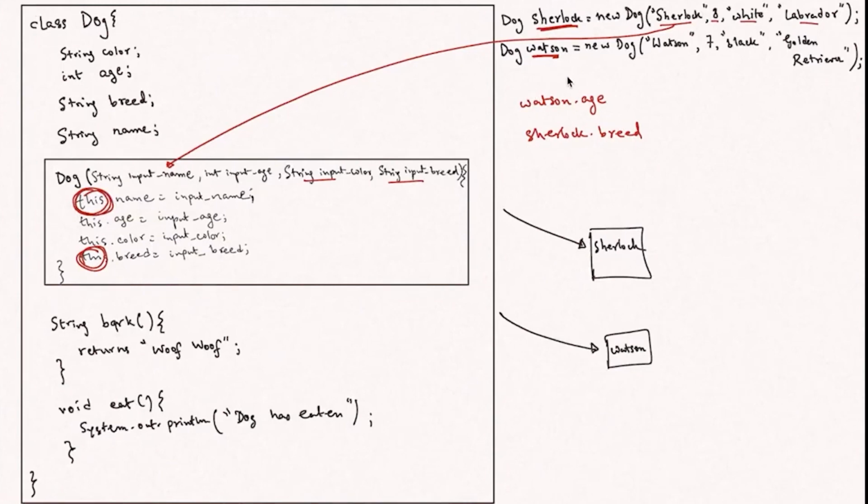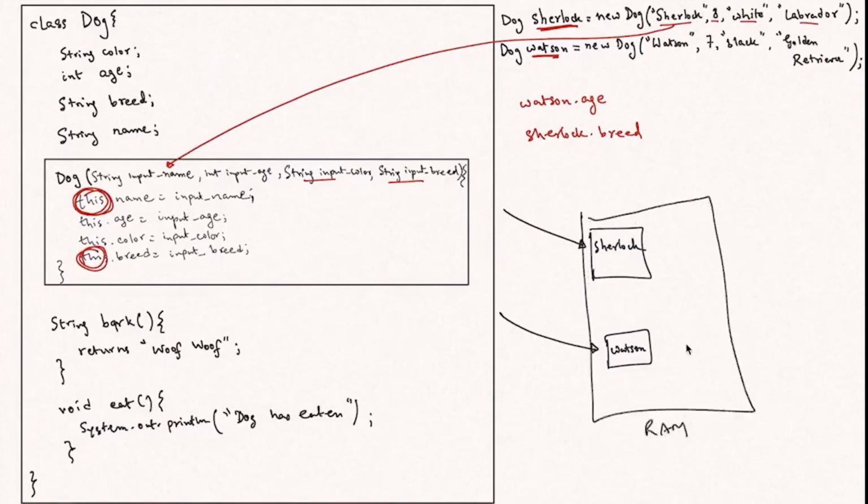I hope you also understand how constructors are made and how we can use these constructors to construct or create new objects. So understand that when we created Sherlock, this was an object that had its own memory space, right? So if this is your RAM, then Sherlock has its own memory space.